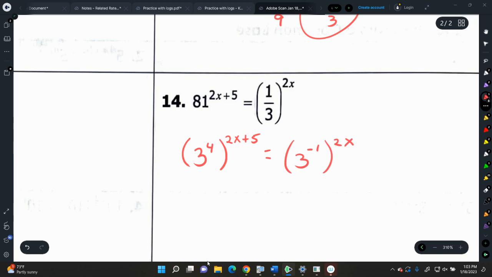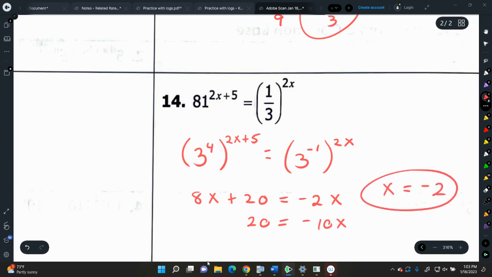Okay. So we get 8x plus 20 equals negative 2x. If I subtract 8x from both sides, I get negative 10x. So x equals negative 2. Am I going too fast? Okay.